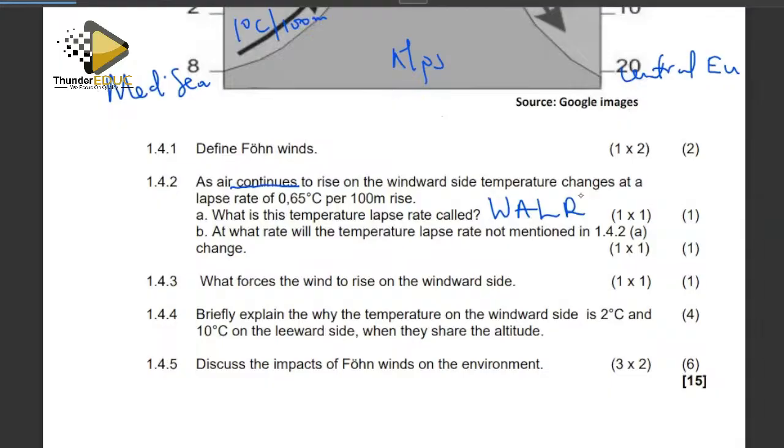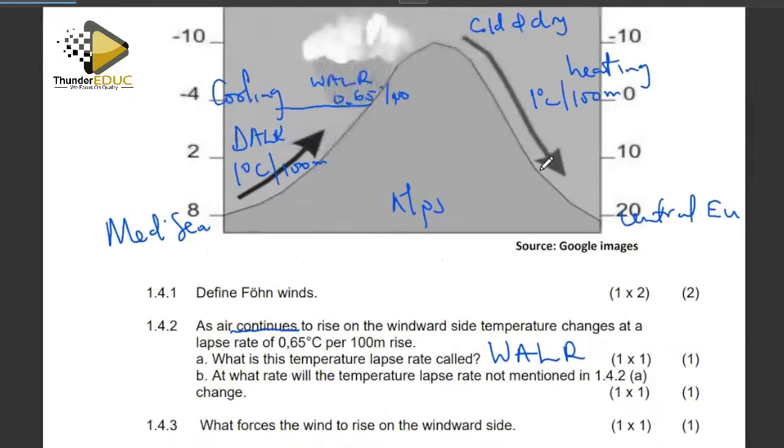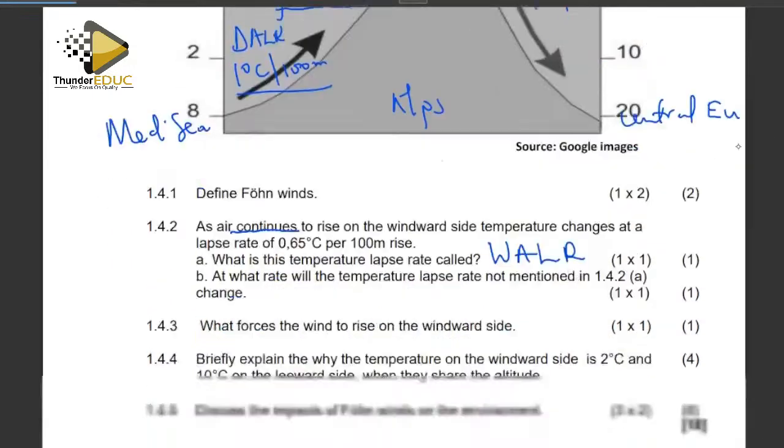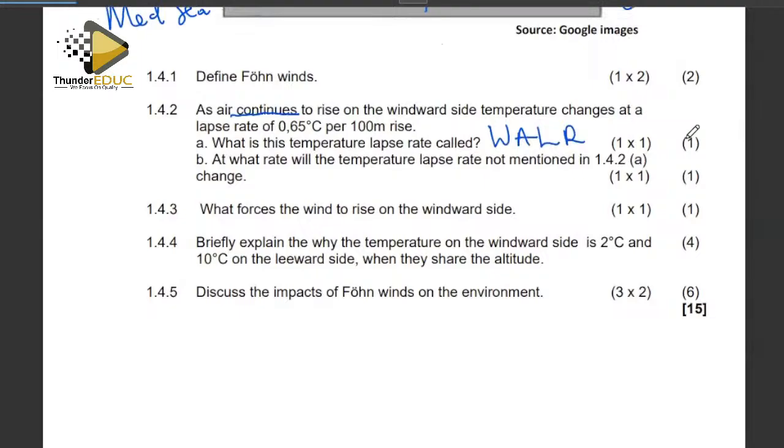At what rate will the temperature lapse rate change? We have mentioned this one of 0.65. So what is required is this one, which is not mentioned here, the dry adiabatic lapse rate. That is 1 degree Celsius for every 100 meters. What forces the wind to rise on the windward side?